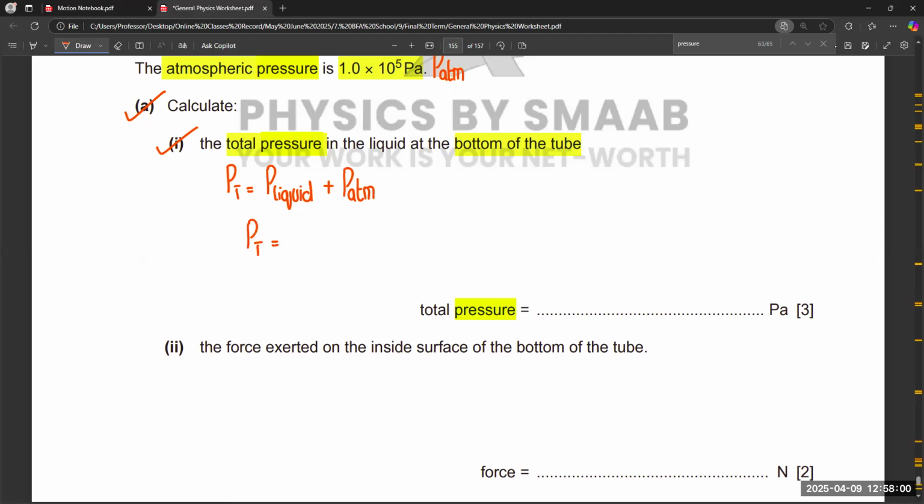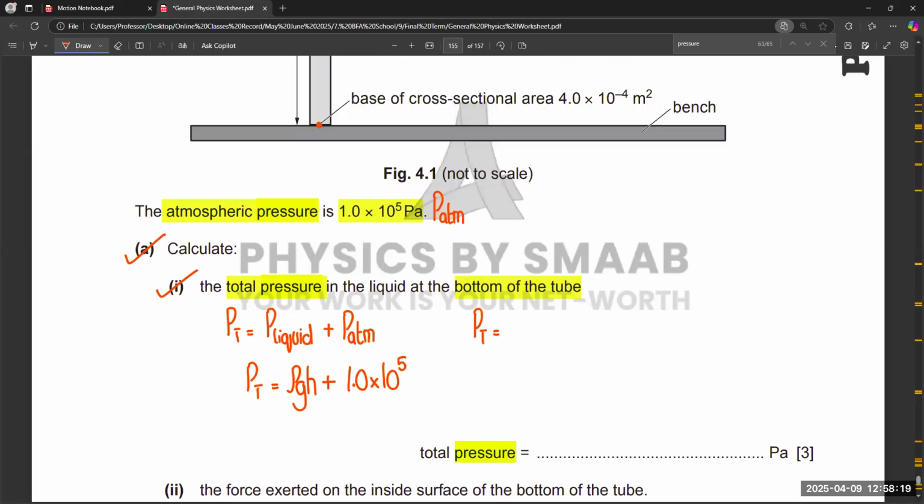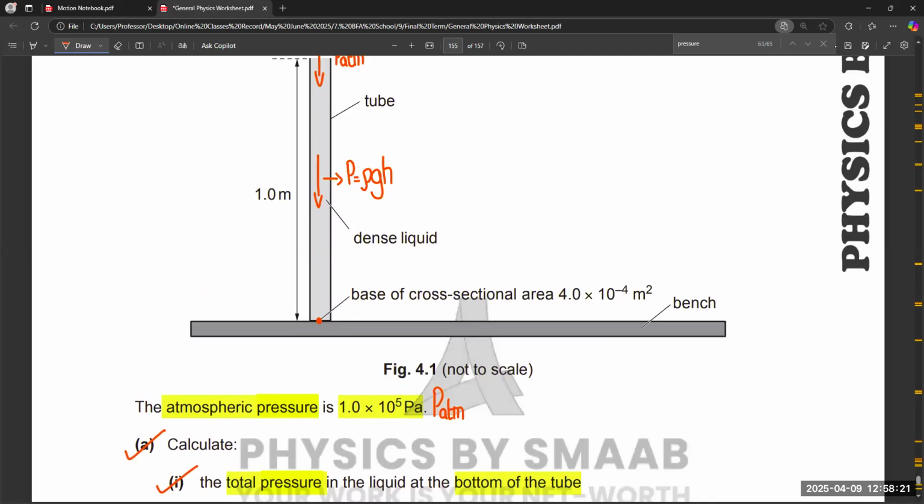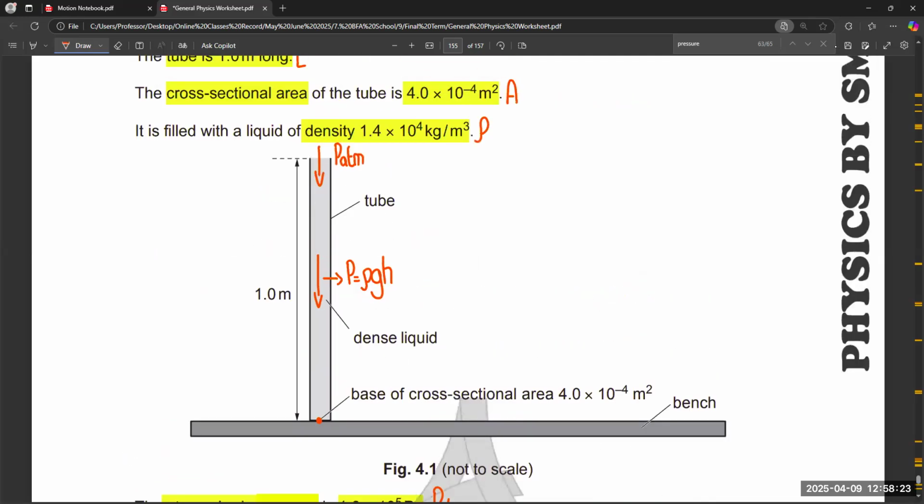The formula of pressure in liquid is the same, rho g h, and the value of atmospheric pressure is constant. And the density of the liquid is given. Okay, so density is 1.4 × 10^4 kg per meter cubed.